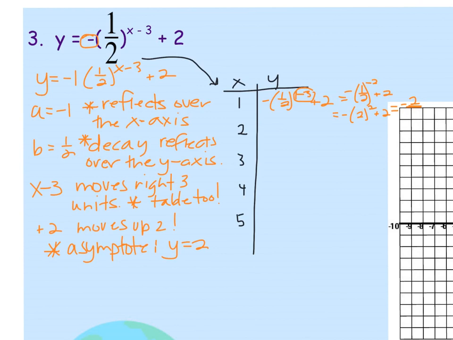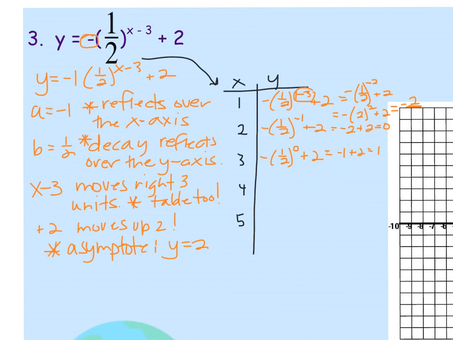At 2, we have negative 1/2. 2 minus 3 is negative 1, plus 2. So 1/2 to the negative 1 will just be 2. So it just flips, takes a reciprocal. And negative 2 plus 2 would put us at 0. 3, if we have negative 1/2, 3 minus 3 is 0 plus 2. 1/2 to the 0 is 1. Therefore, negative 1 plus 2 is positive 1.